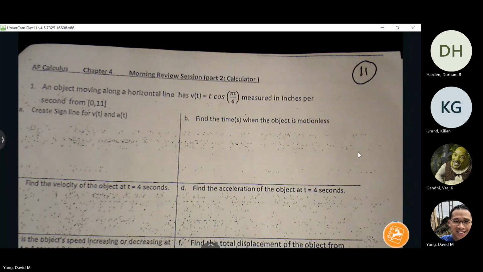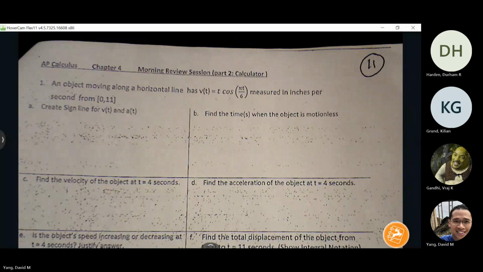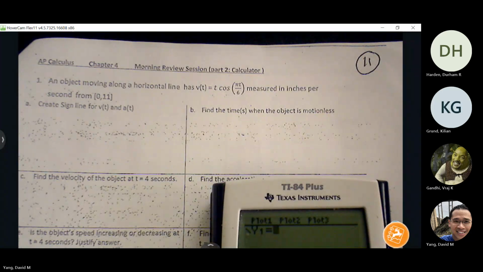Okay, so page 11. Object moving along a horizontal line has v of t.